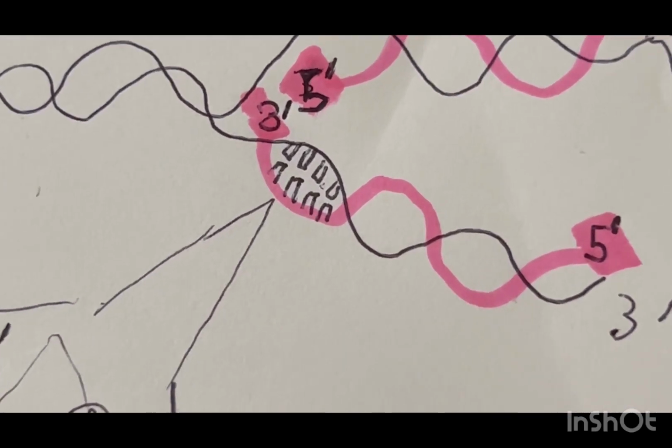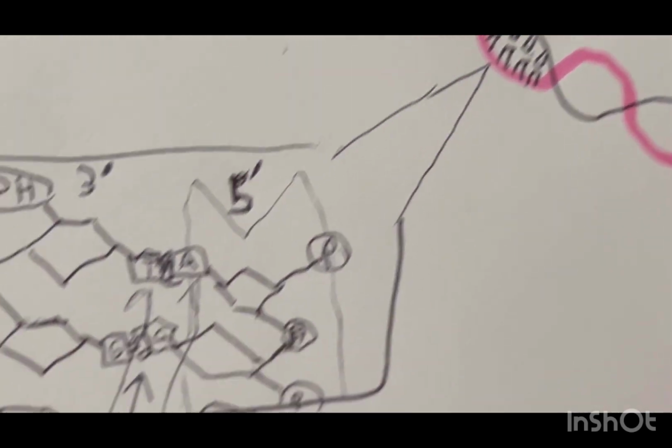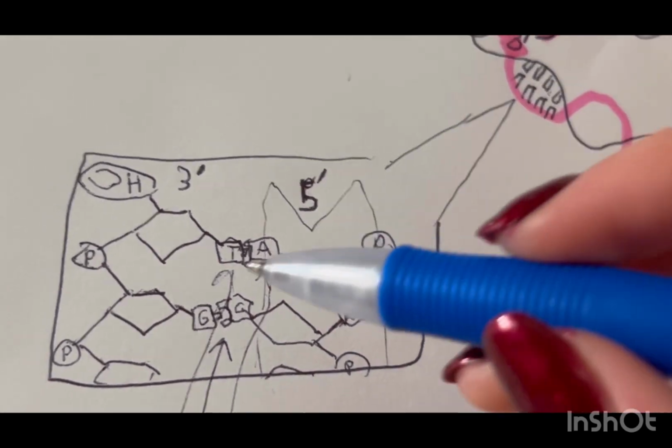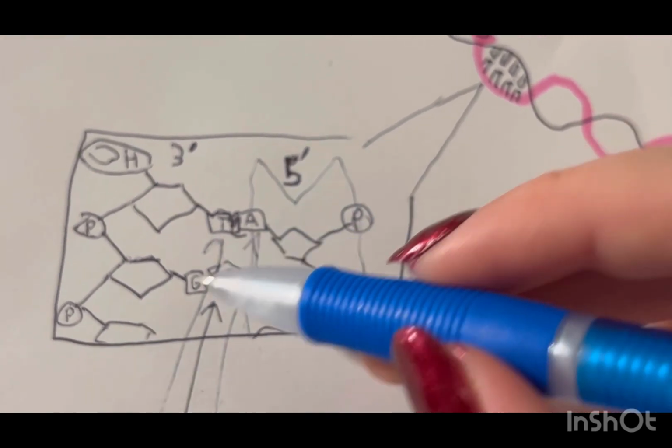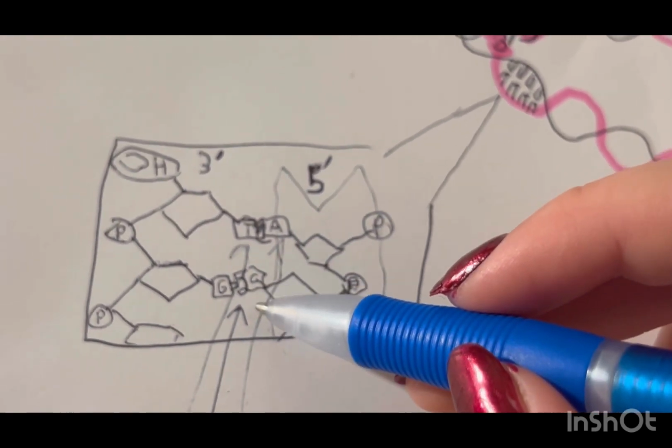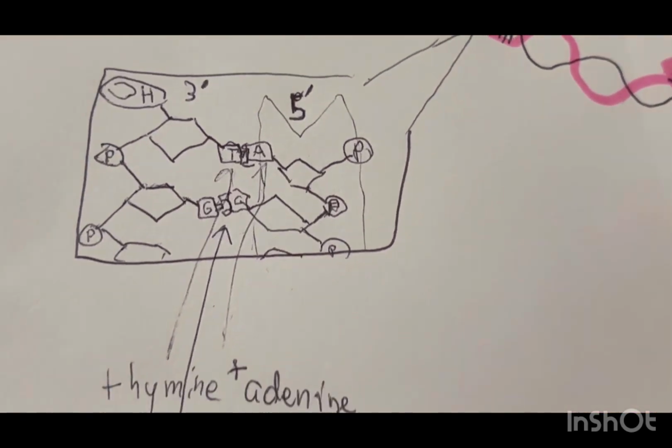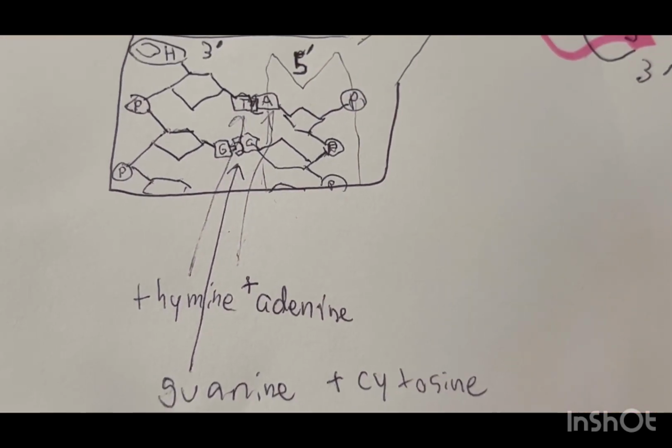So if we zoom in here, we see the bases, and so a thymine always binds to an adenine, a guanine binds to a cytosine, right? So we can see that.